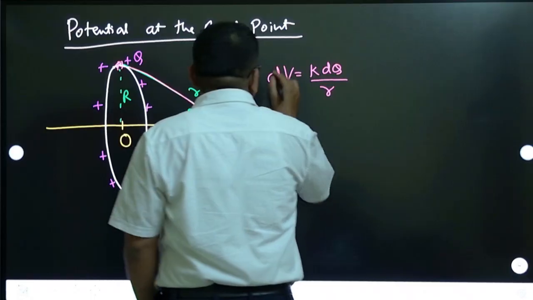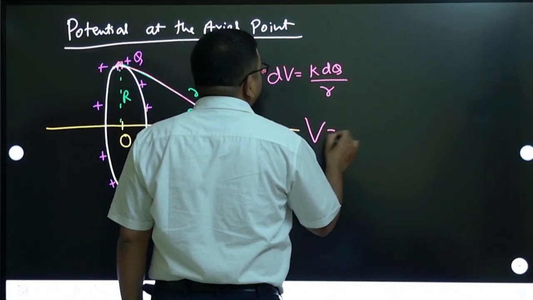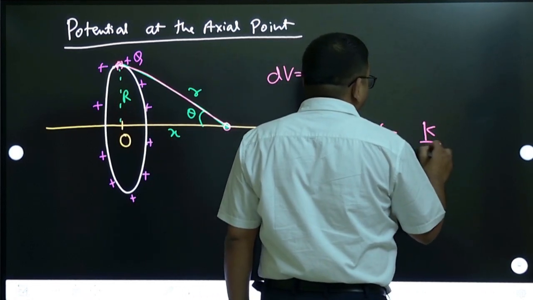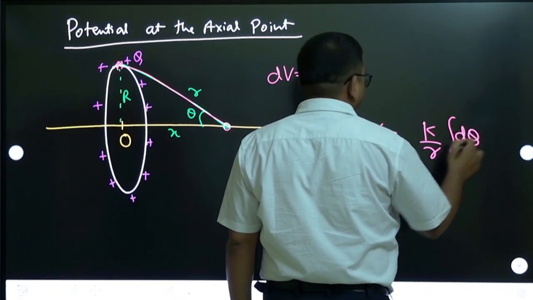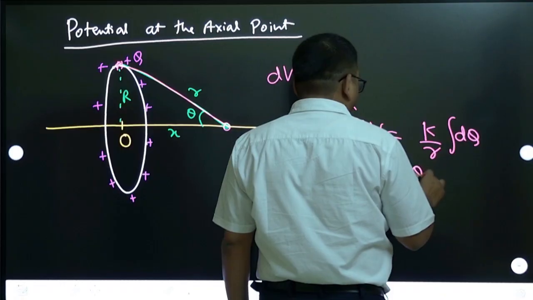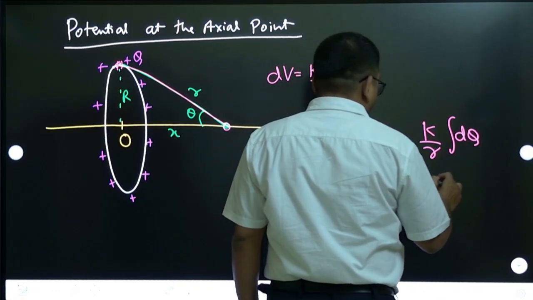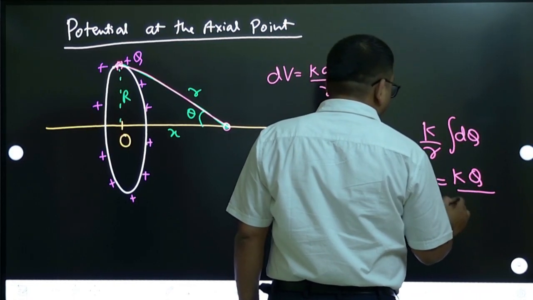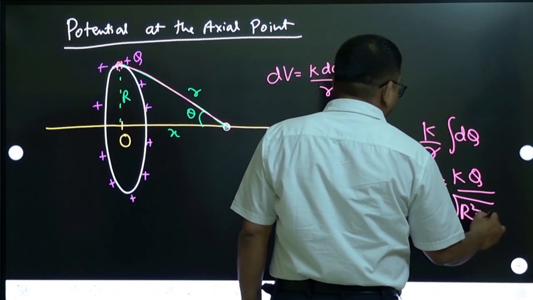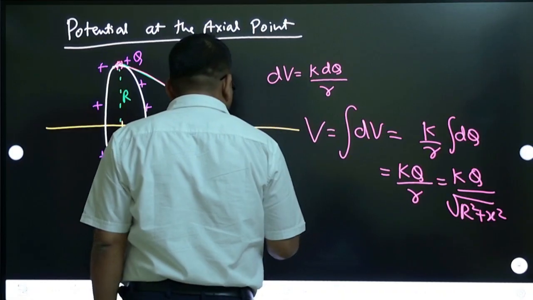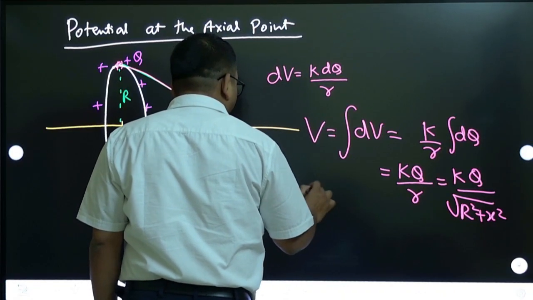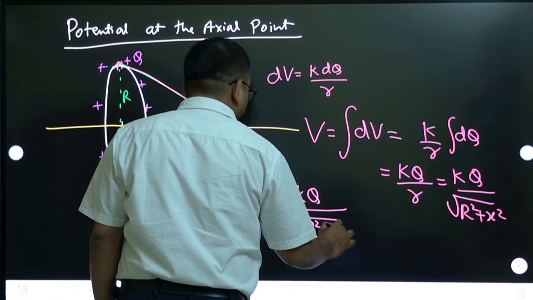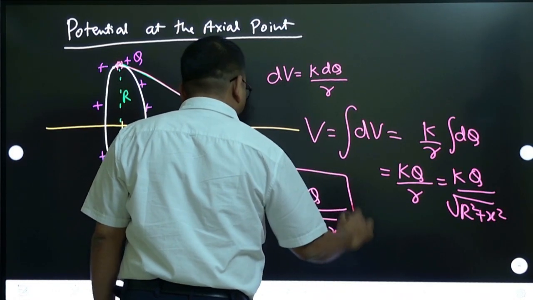You simply integrate this to get the resultant potential. So k by r, you integrate dq, that means the total charge. So kQ by simply r, and this r is nothing but root under R square plus x square. So the potential is equal to kQ by root under R square plus x square. That is the formula for potential.